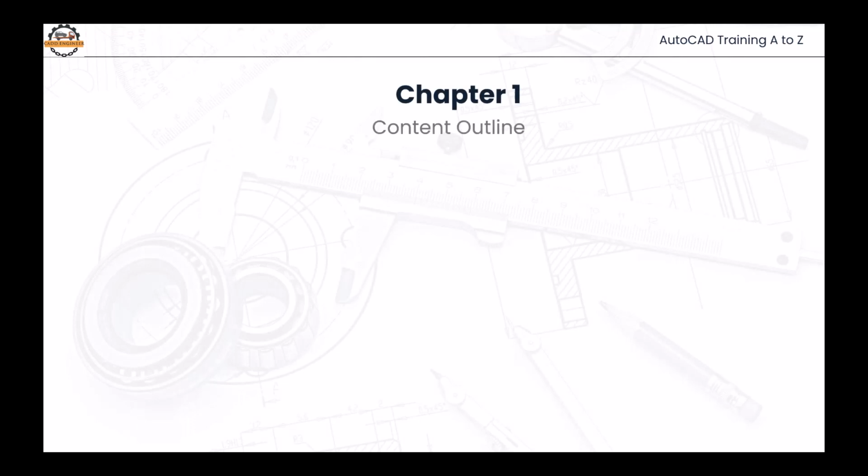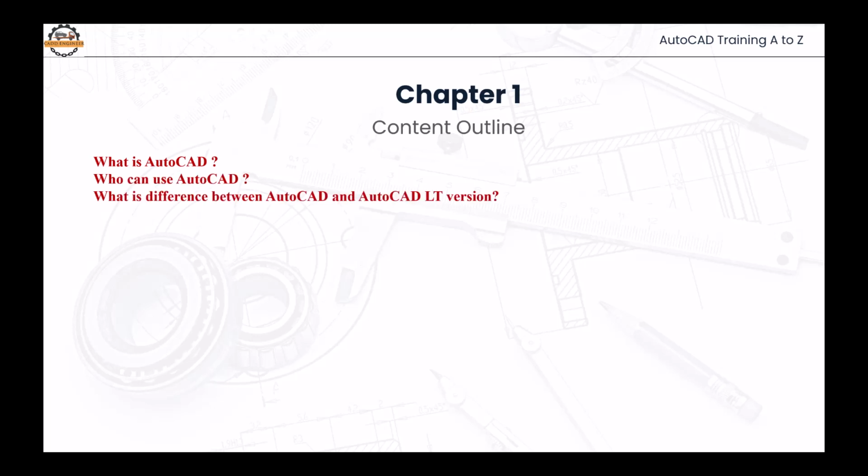So what are we going to cover in this Chapter 1 content outline? Let's see. What is AutoCAD? Who can use AutoCAD? What is the difference between AutoCAD and AutoCAD LT version?